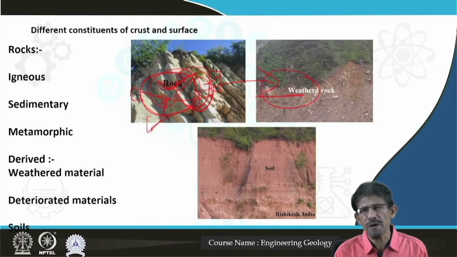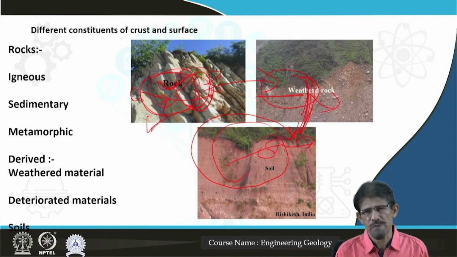This example I have also taken from the Lesser Himalaya. And then with respect to time, the intensity along with some biological activity is responsible for the formation of sand or soil deposits.